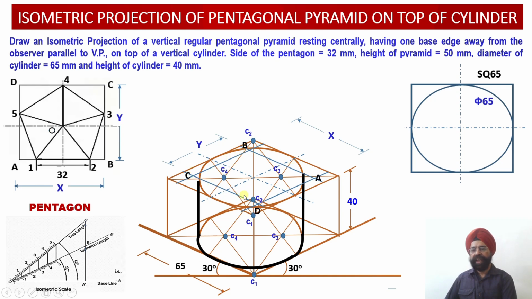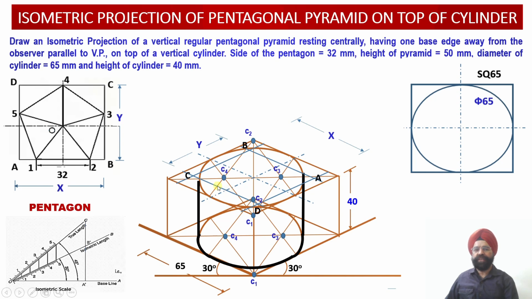Okay, so this rectangle inscribes my pentagon. So what I have done, I have drawn this rectangle, and having drawn this rectangle, next I have to mark the points A1, B2, similarly B3, A5 and C4 over here.